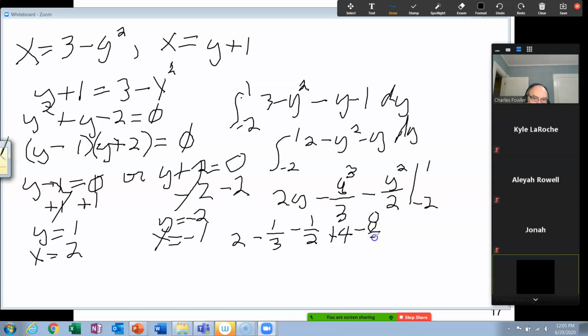That's their only purpose in life, is to trip people up, and I think they do a really good job of it. Okay, now we do a minus again. But this time this minus is going to change that to a plus, and when you plug in the -2 for y, -2 squared is +4 divided by 2 is 2. Does everybody see those plugs?